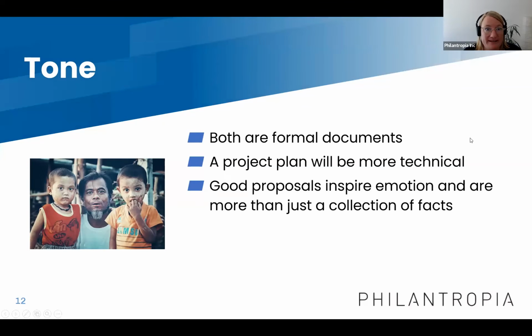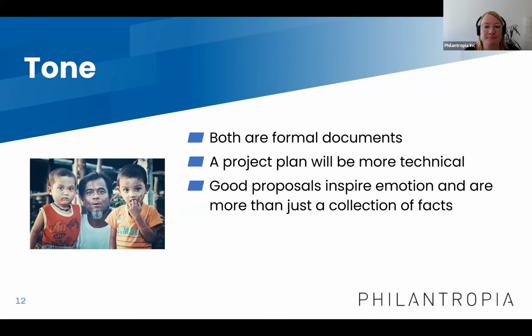And then obviously, connected to that, the tone. Both are formal documents. Like I said, when you write a project plan, that's a formal document that will go into the institutional memory of your organization. It's going to be a couple of pages that will be passed around.